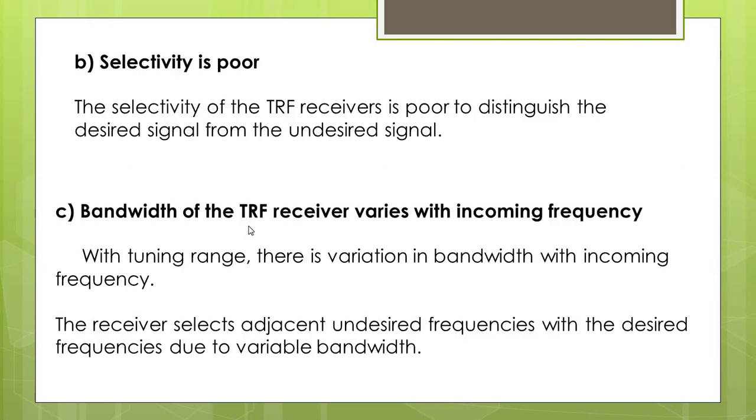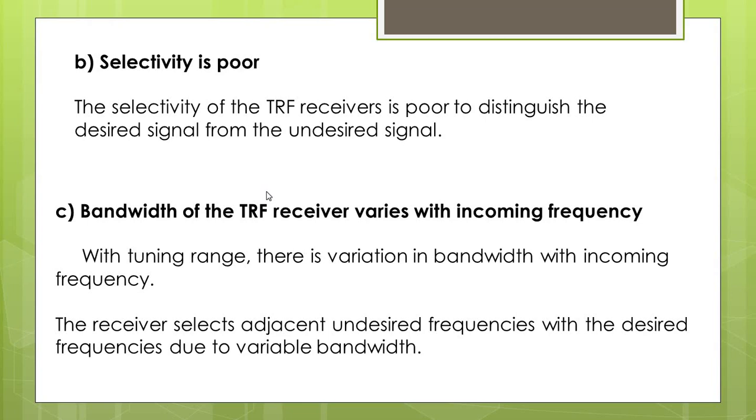Another important disadvantage is that the selectivity is very poor. Selectivity means the ability to extract the required signal from the many number of signals. The selectivity of a TRF receiver is very poor because it cannot distinguish the desired signal from the undesired signal.